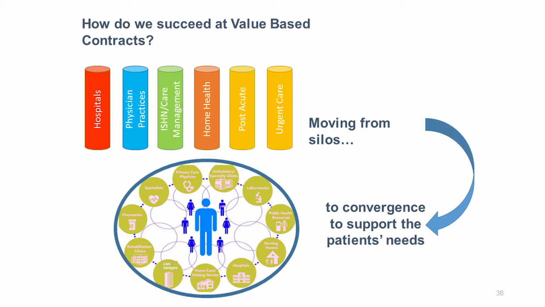So how do we as a nation and as a healthcare industry succeed at value-based contracts? Is that we need to move away from silos to converging support for the patient's need throughout the settings that they need for their condition.